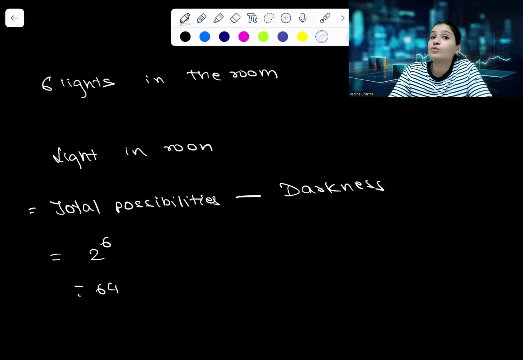Now what I wanted is my room to be illuminated. My room to have light. I did not say how much light, I just said light. So it can be done by one light, two lights, three lights, any light. What I don't want is darkness. When will my room be dark? When no switches are on, when all are off. How many ways are there for that?